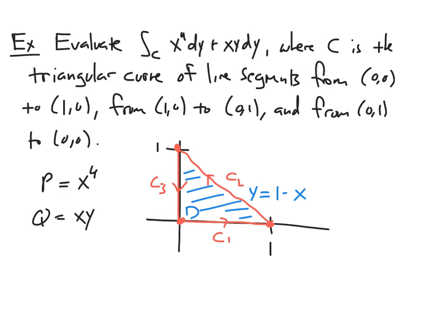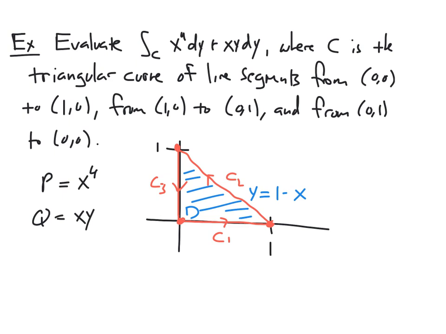And so before we lose the graph and everything, we want to just quickly make sure that Green's theorem does apply. So notice that this curve C is a simple curve. It does not intersect itself. It is a closed curve. It both starts and ends at the origin. And it is positively oriented.